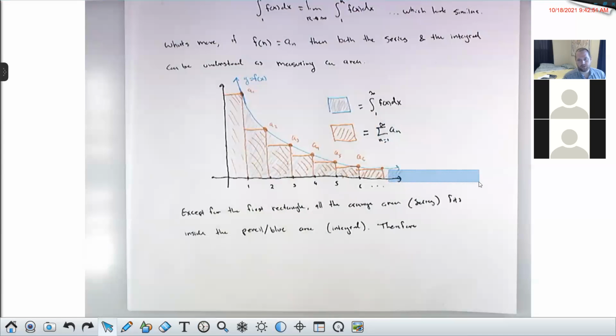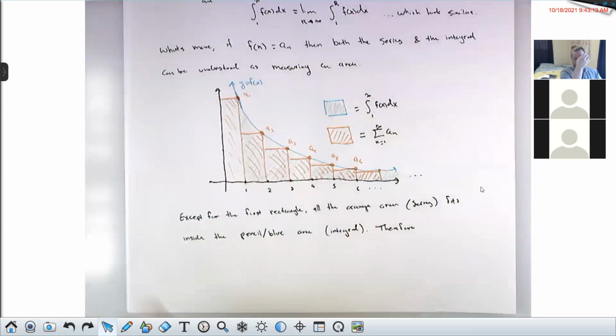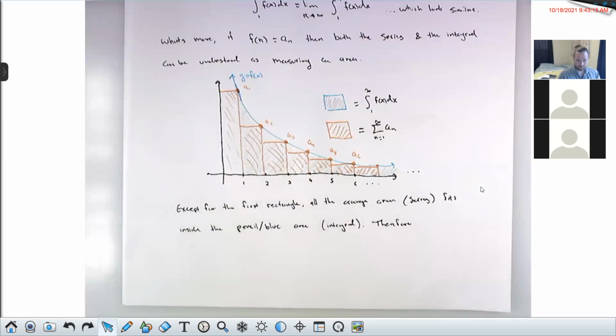So these orange rectangles keep going forever and ever, just like this pencil area keeps going forever and ever. The big deal is that all of the infinitely many orange rectangles fit inside the infinitely long pencil area. Both of these things continue on and on forever. But except for the first rectangle, all the orange area fits inside all the pencil area.